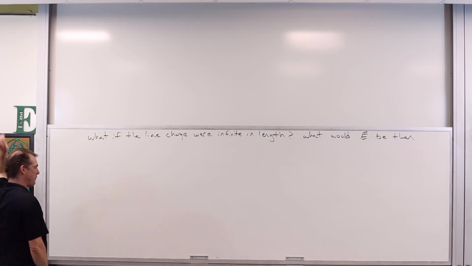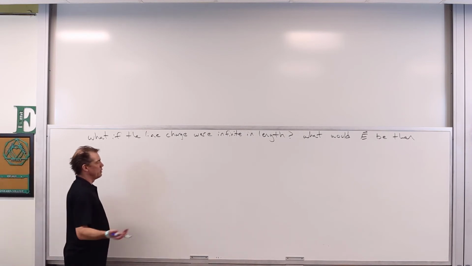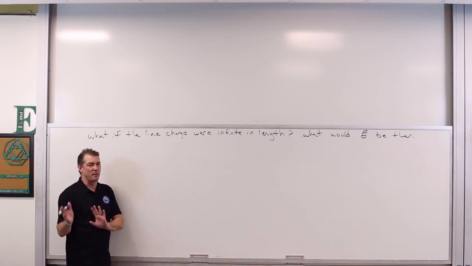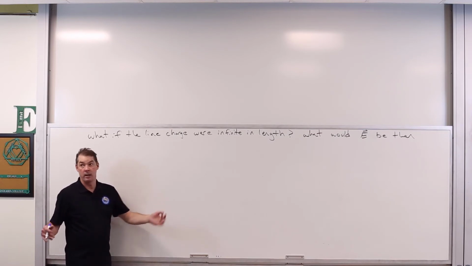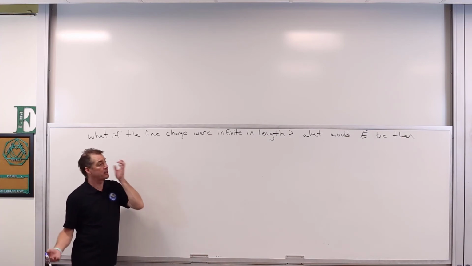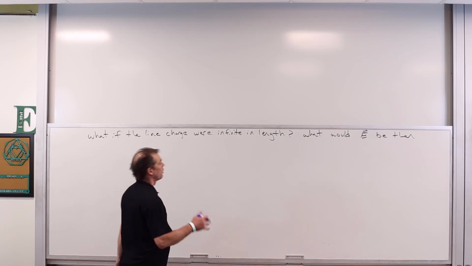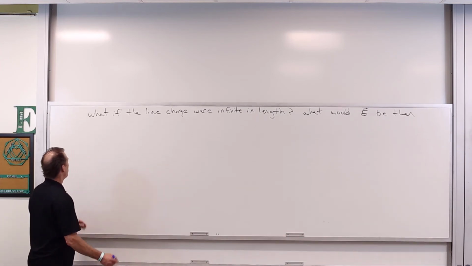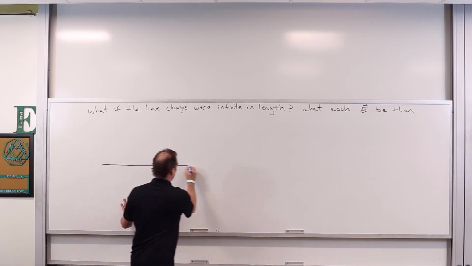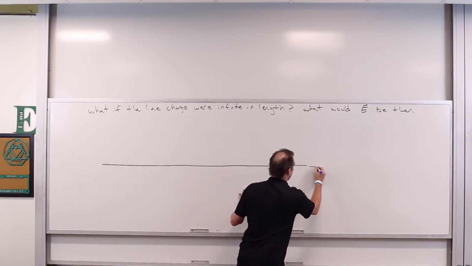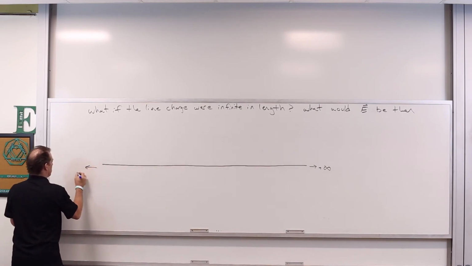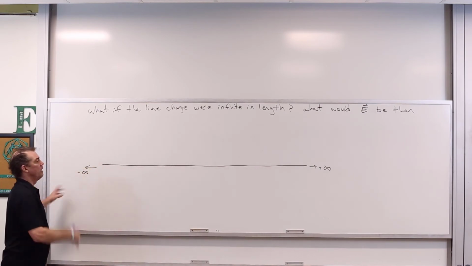So what happens if it is infinite? Well, can we do anything? And what does it mean, it's infinite? Well, infinite could mean it's just an approximation, or it could mean that we're talking about a line charge that's infinite in length, which doesn't really exist, but we can still utilize it as an approximation. So if we have something that is really long, and we'll just say it goes on to positive infinity and on to negative infinity, where's the midpoint?